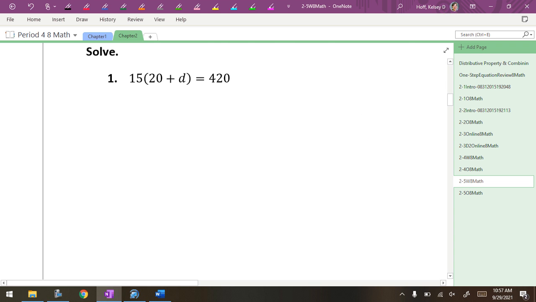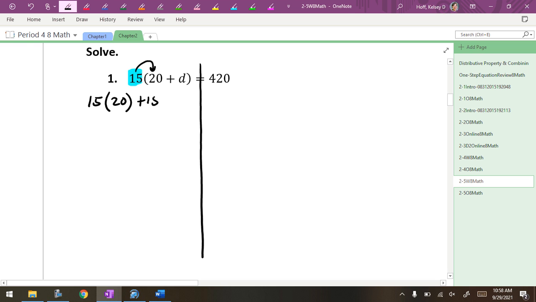Go to number 1. Draw your line down your equal sign. What number am I distributing? 15. So go a little bit over on the left-hand side so you have a little bit more space. And you have to show me this. 15 times 20. Was 15 positive or negative?